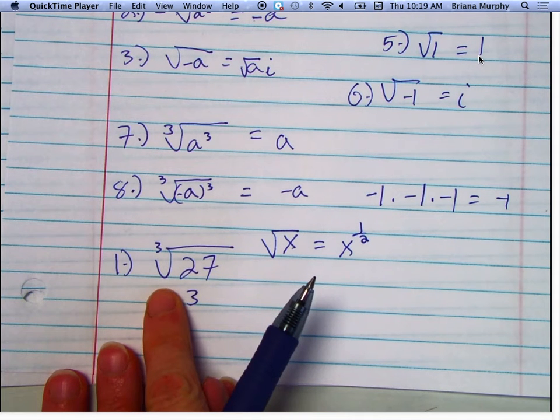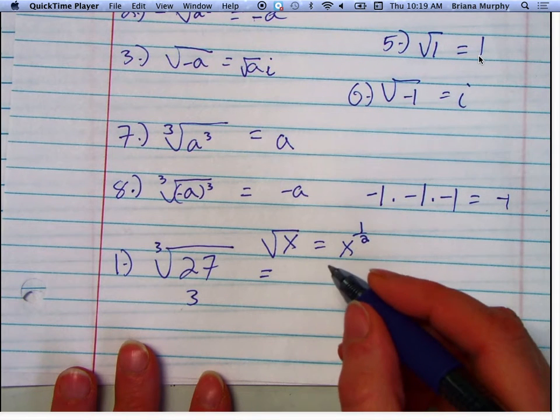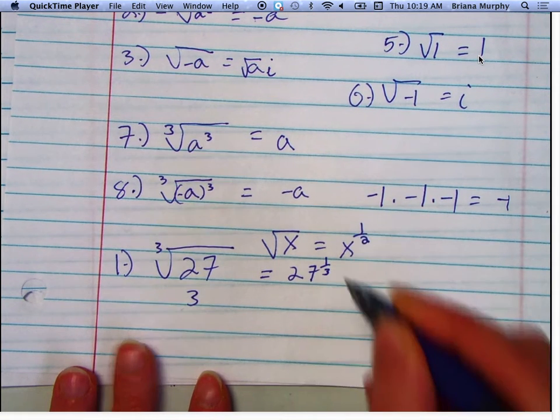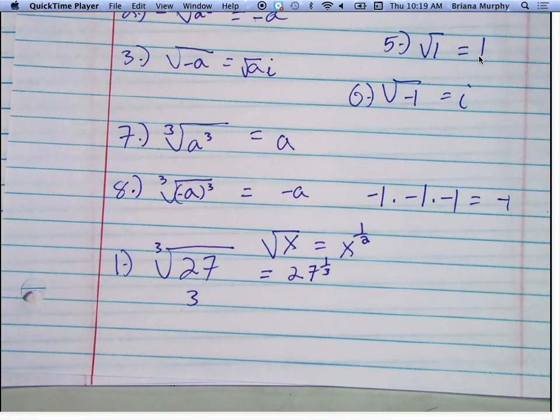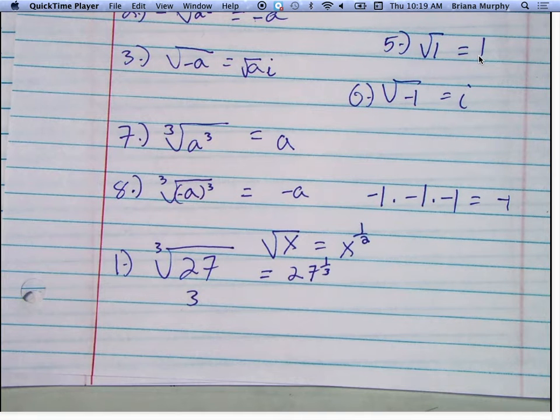The cube root of 27 would be the same as 27 to the 1/3 power. So I want you to think of these radicals as the same as raising it to a fraction. Okay, they're the same thing.